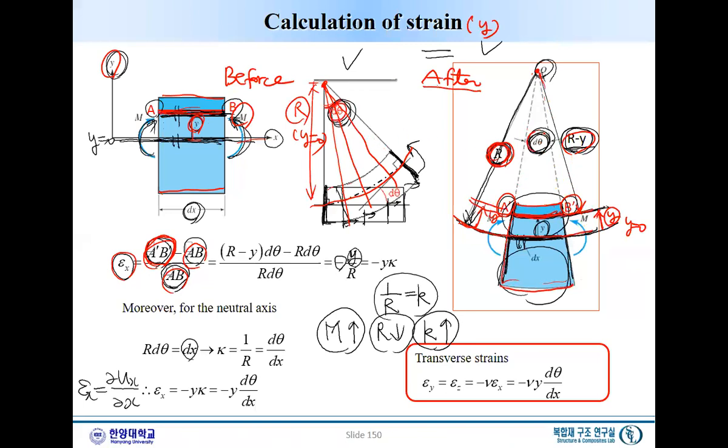So this length is simply R minus Y times d theta, right? That's the length.